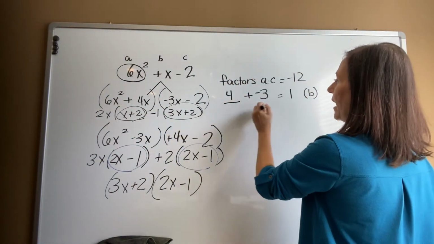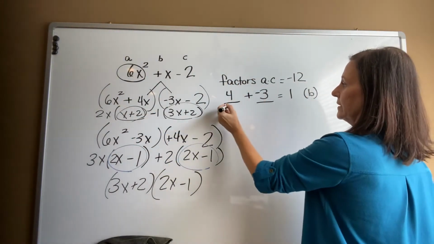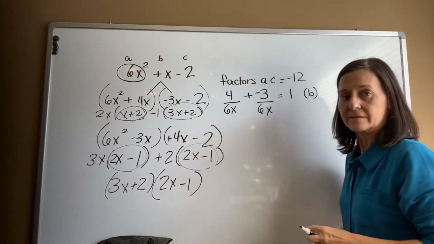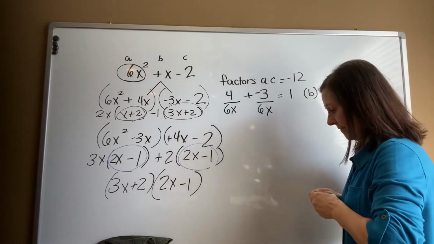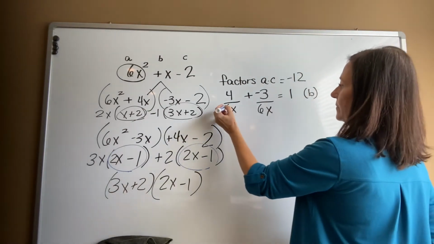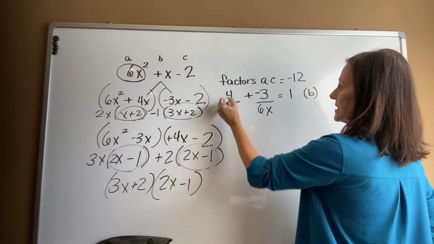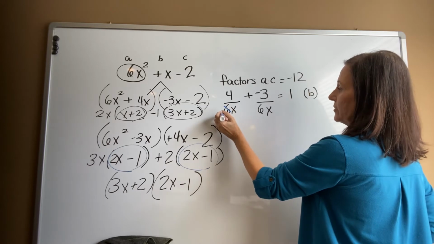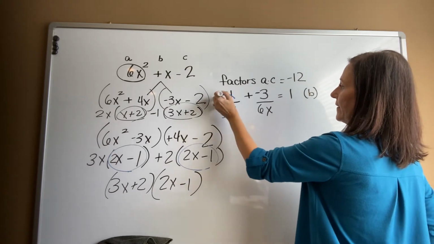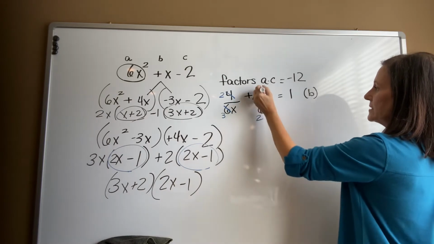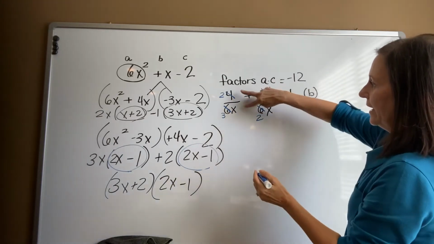And if I write under them the lead coefficient with an x, lead coefficient with an x, all right, then I simplify the terms. So 4 and 6 I'm going to simplify. They're both divisible by 2, right? That's 3 and that's 2. 3 goes into both of these. 3 goes into 6 twice, into 3 once. Now look what I do.